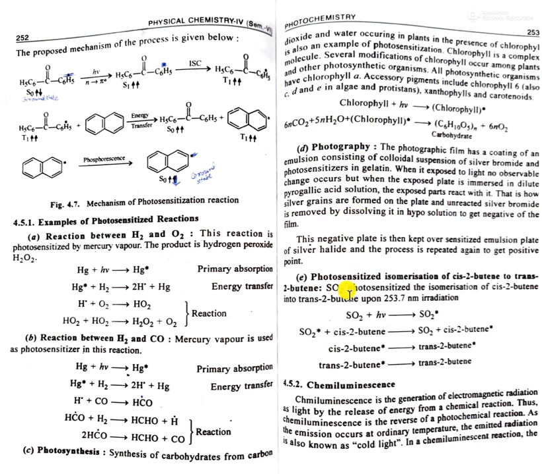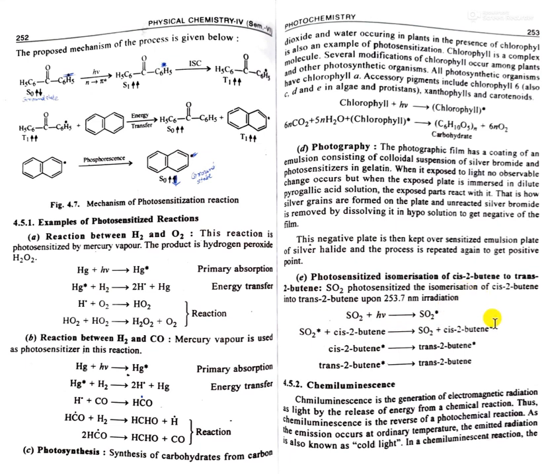Another example is of course the isomerization of cis 2 butene to trans 2 butene. For this process, sulfur dioxide is used as a photosensitizer. It absorbs a photon and gets converted to SO2 star in the excited state, and this SO2 star will transfer its energy to cis 2 butene, and cis 2 butene gets converted to the excited state.